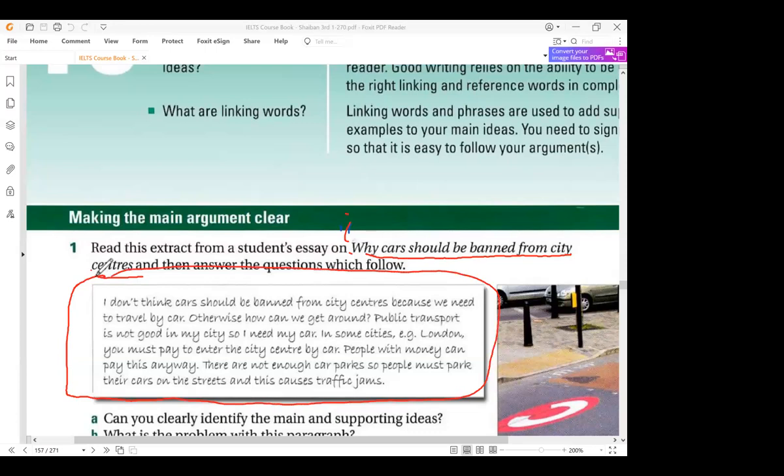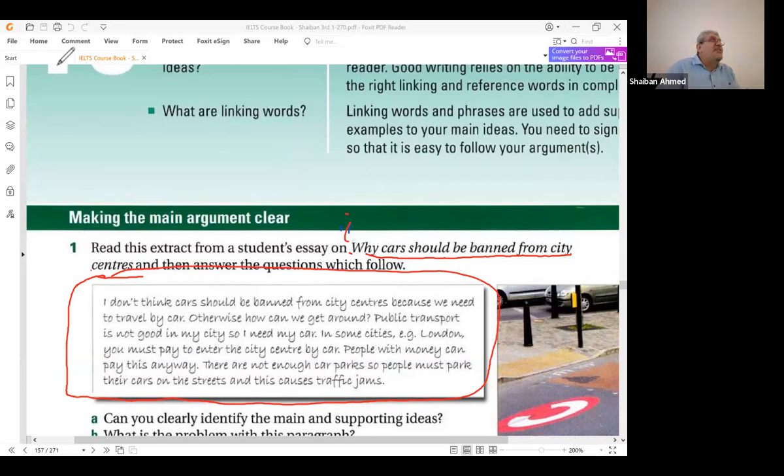What do you think? This answer, is it good? Are the ideas developed clearly? Is the writer's position clear with development? Are the ideas linked together? So anyway, do we have a clear development here? Yes, read it, please.